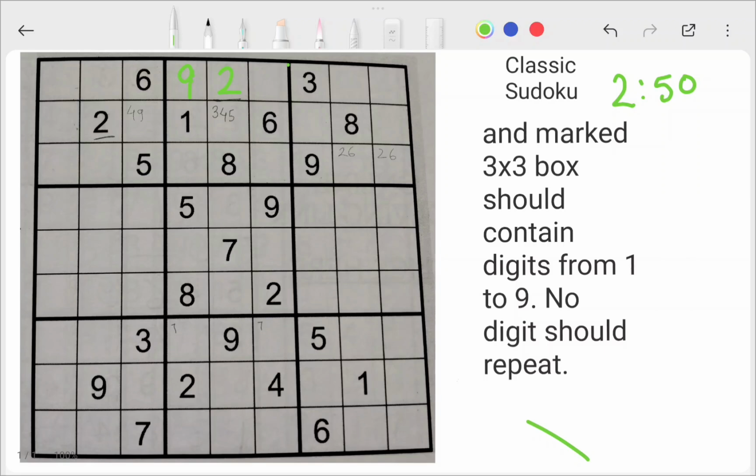Alright, now this box 3, because of these two ones we can block these cells for 1, and now this must be 1. Alright, let's not erase this pencil marking.